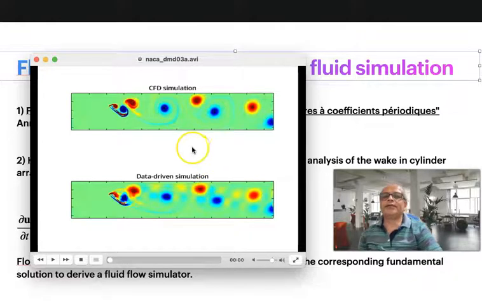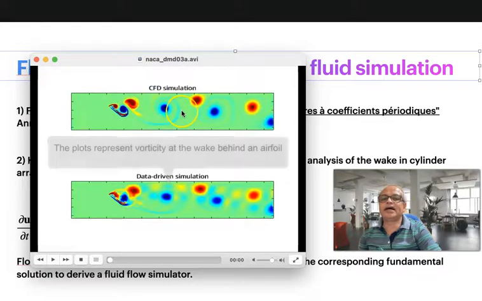In this simulation, the top one I labeled as CFD simulation. This is done by solving the Navier-Stokes equation in velocity form, and then I collected the vorticity.